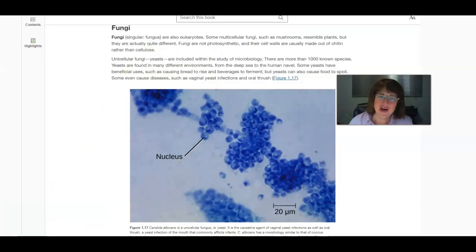Next group we're looking at are fungi, and usually when you think fungi, you think mushrooms, but this one's quite different. The main fungi on the body that cause disease are yeasts, which are small microorganisms that will grow in various environments on the body, but they usually want warm, moist, and dark, and they will replicate by budding.